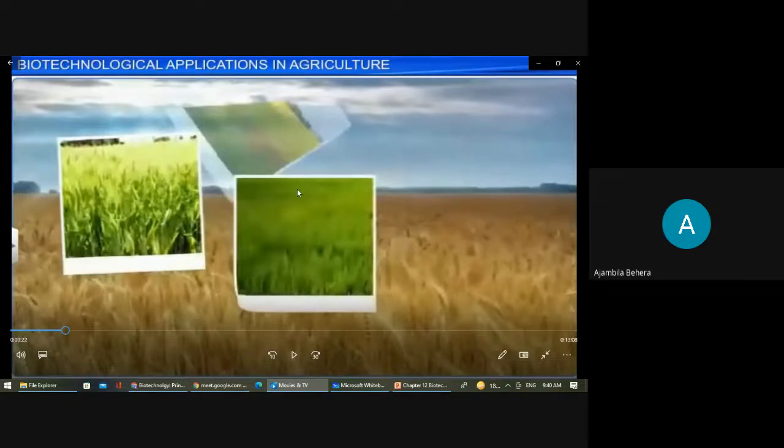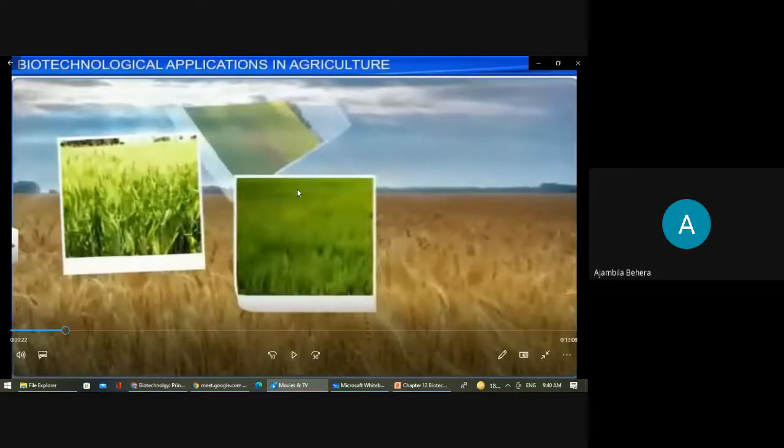Okay, so let us first discuss biotechnological application in agriculture. You all know about the major type of agriculture that is followed by most of the farmers in India or most of the people in the world.